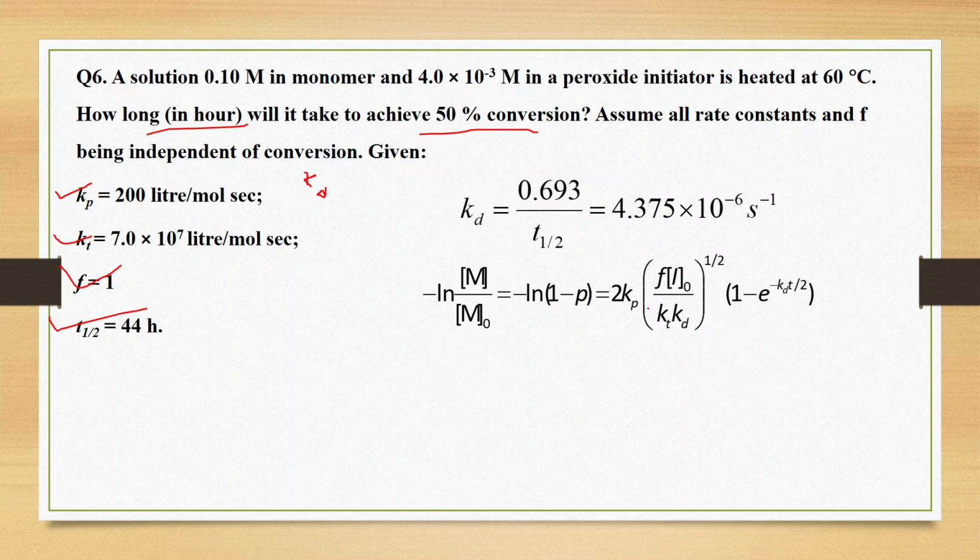You can just put them in and then you will get the answer. You don't actually need to know the monomer concentration, it is just to mislead you in a way. Okay, so I got 3 answers. Others, please also try, now you do have the equation. Please put the values of all the constants and try to find out the t.